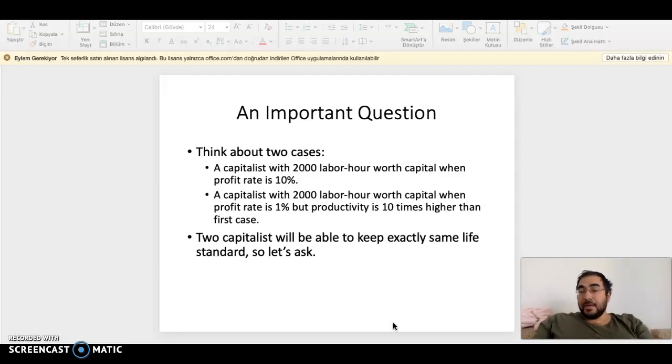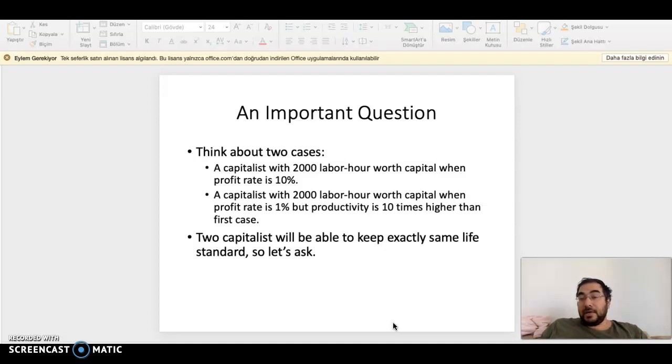Which means in the end the profit rate, the return, is important, because if the return is higher in a different market, people will prefer that market. So in that sense, profit rate might be important when you decide which market to invest in.